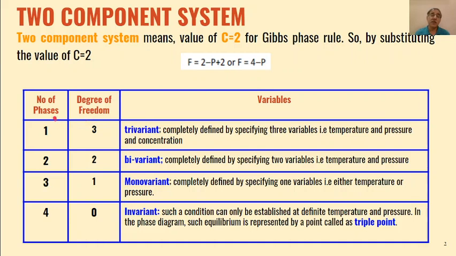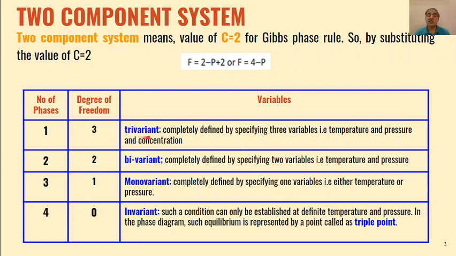For example, if the value of P is 1, that means there is only one phase, by substituting the value here as 1, 4 minus 1 means 3. That means the degree of freedom of the system at a point where there is only one phase will be 3.